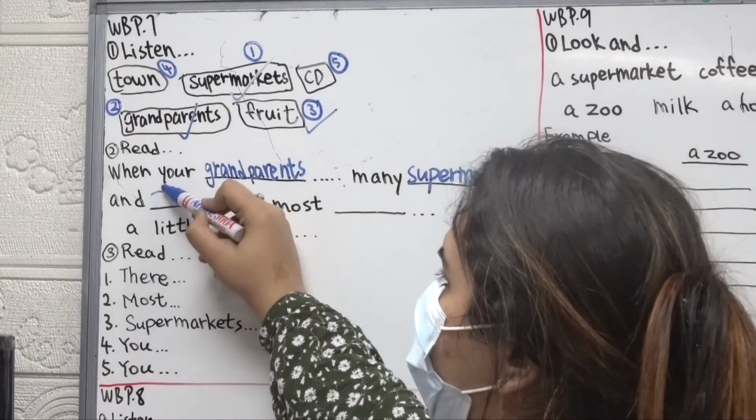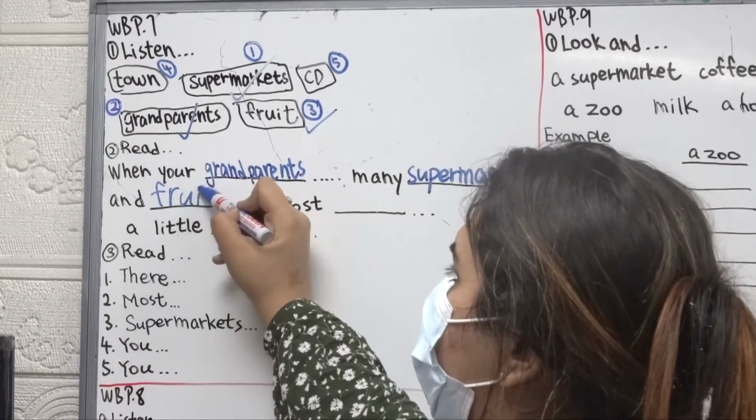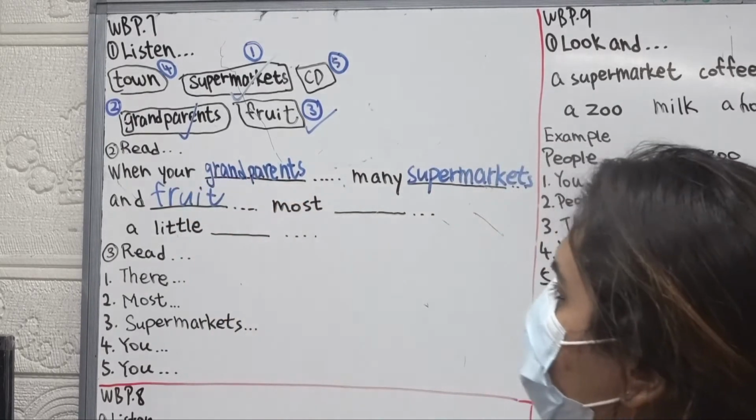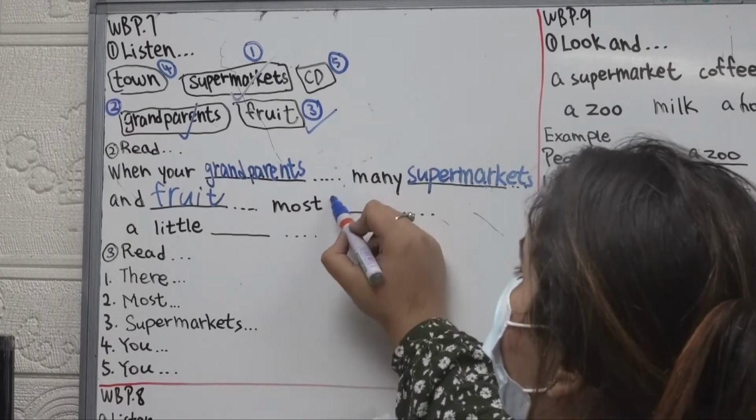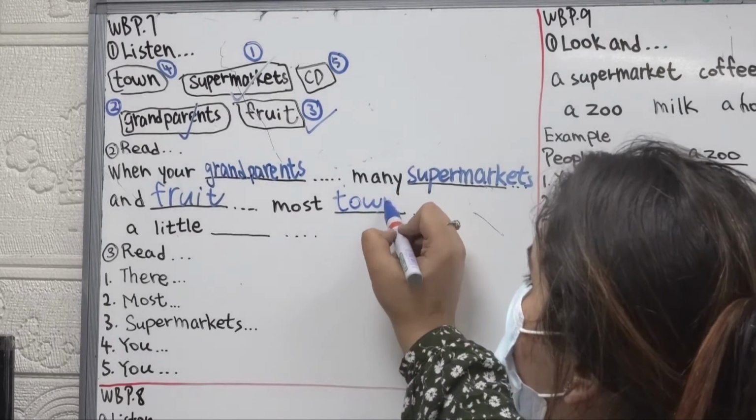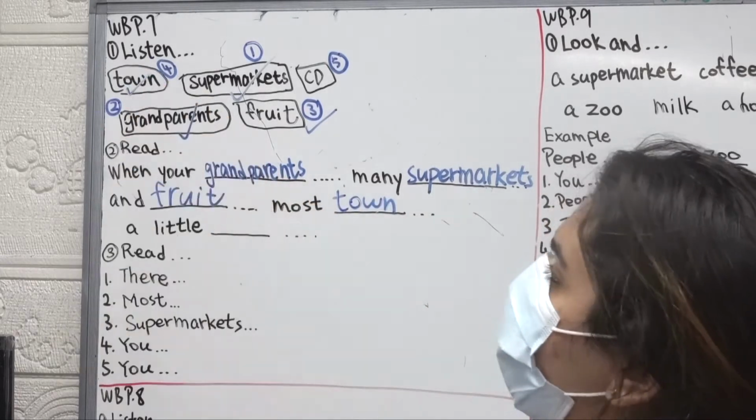Okay, fruit. So please write fruit if you're wrong. Next one. Now most towns have one or two supermarkets. Now most town. Alright, the correct answer is town.